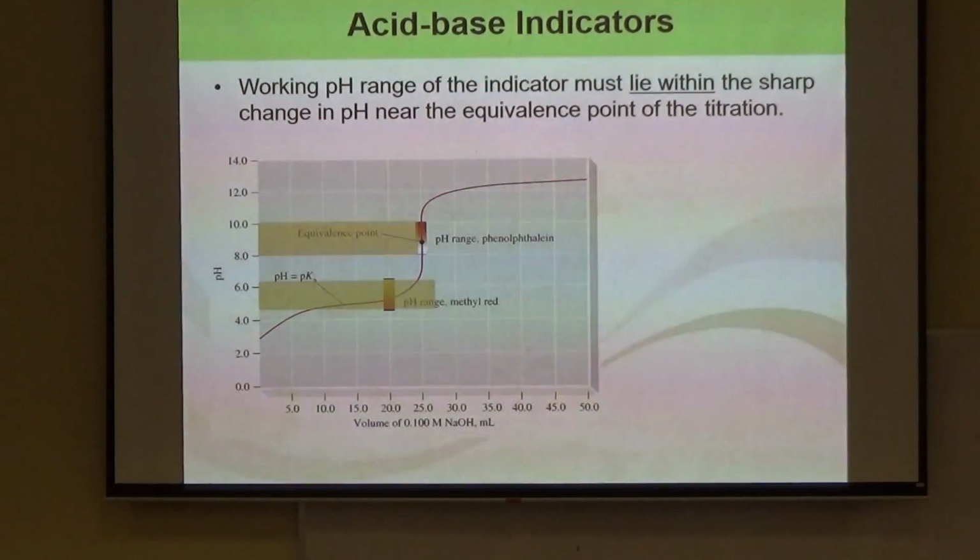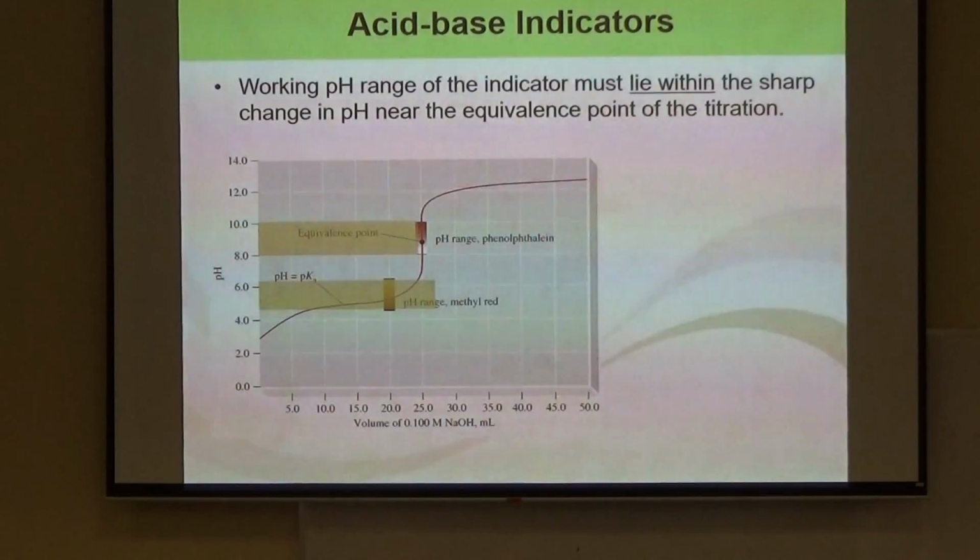Otherwise, if you use, let's say for example here, methyl red, what will happen is that the indicator changes color before you reach the equivalence point, and then it gives you a false reading. It tells you that you have reached the equivalence point, but actually it hasn't.